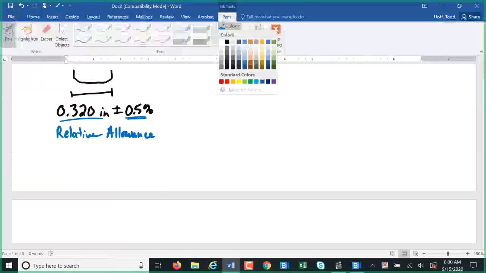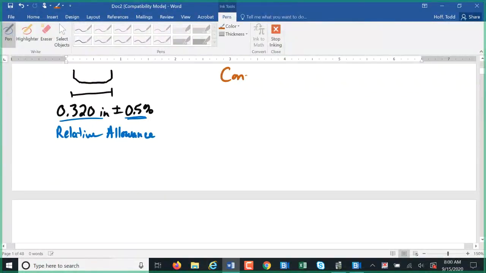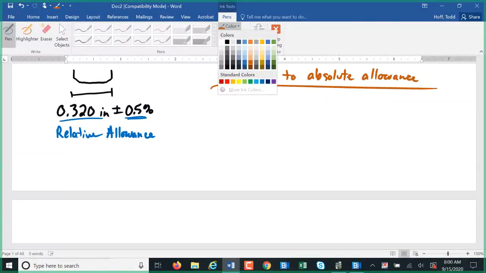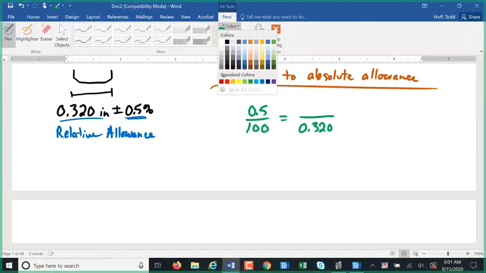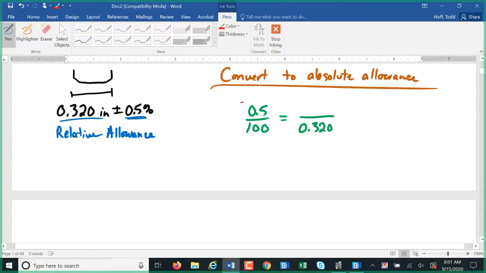So to find an absolute allowance from this, we have to set up 0.5% is 0.5 out of 100. Our desired value of 0.320 goes on bottom. And we will cross multiply and divide. 0.5 times 0.320 is 0.160.